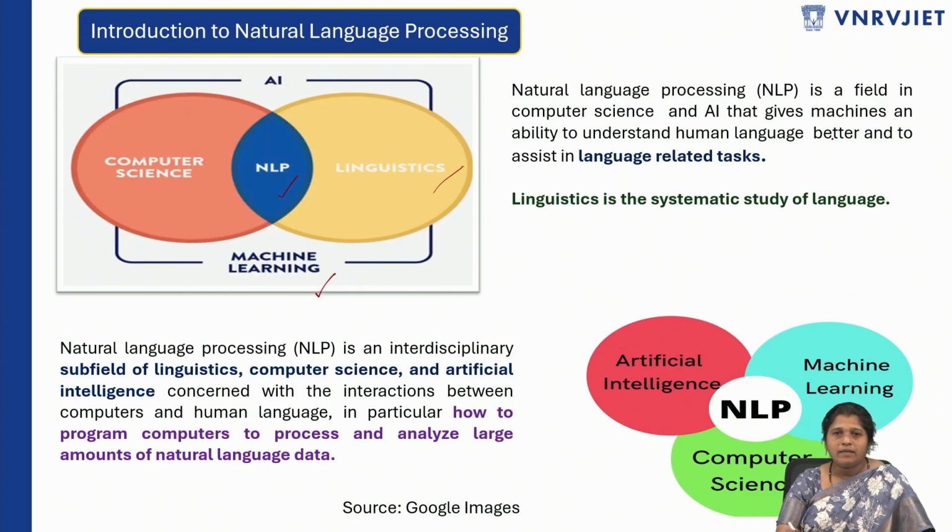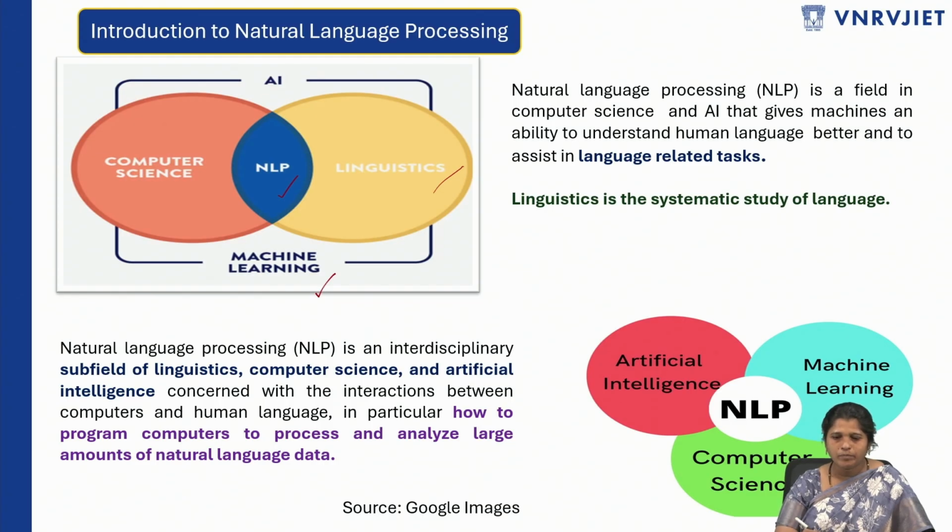NLP is an interdisciplinary subfield of linguistics and computer science which explains the process, the technology, and the methodology involved for humans to interact with computer systems, and how these systems can analyze and process what we say in our native language into something the systems can understand and perceive.